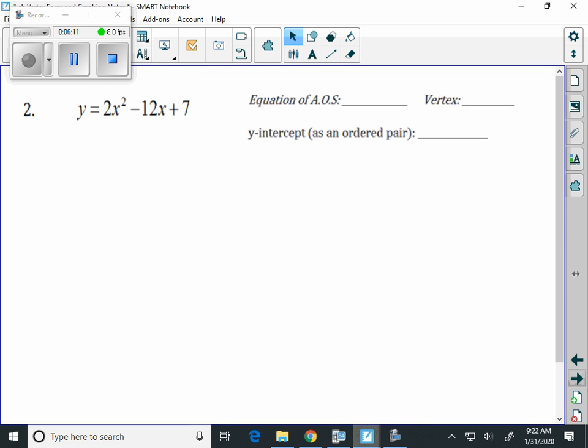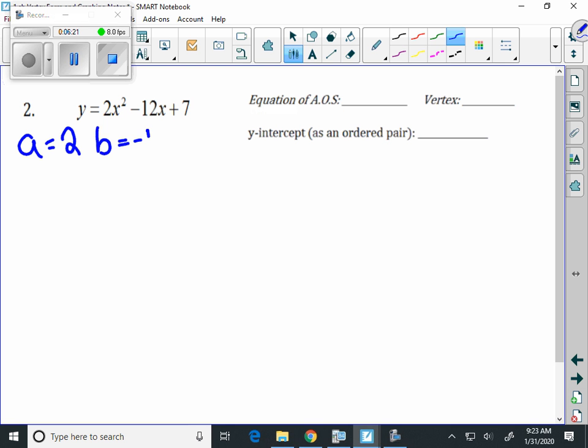Now that we've seen one, let's try another. Again, let's start off with what does a equal, what does b equal, what does c equal? a equals 2, b equals negative 12, c equals 7. It's certainly helpful to have a calculator, especially because this one's going to have a fraction in it.